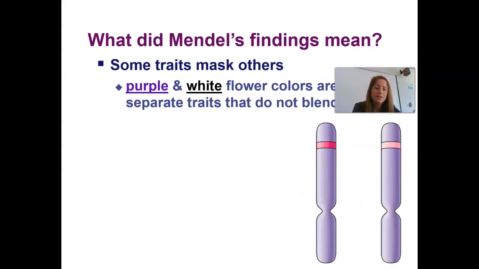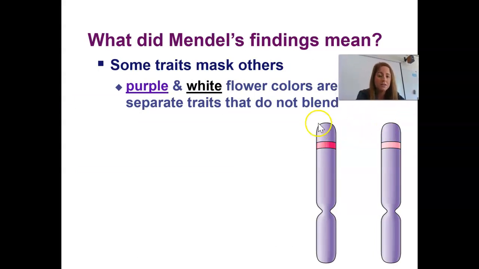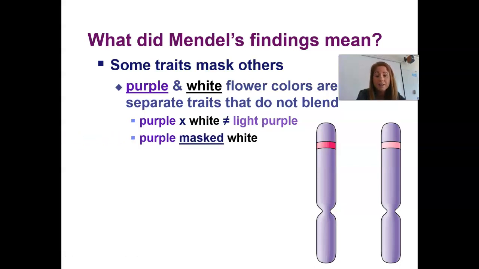So what he found was that some traits are masking others. If you're carrying an allele of each flower color, somehow we didn't end up with a blend, but instead we ended up with one dominating over the other. Purple plus white didn't give us a lilac or light purple color. Instead, what it gives us is all purple.